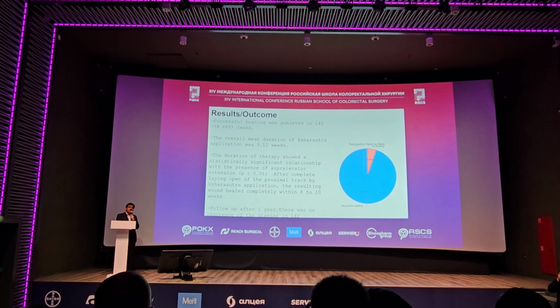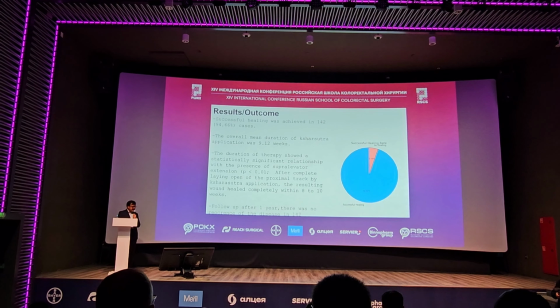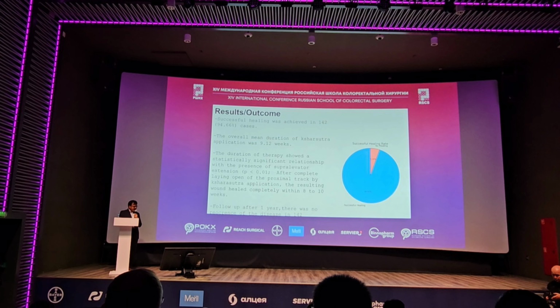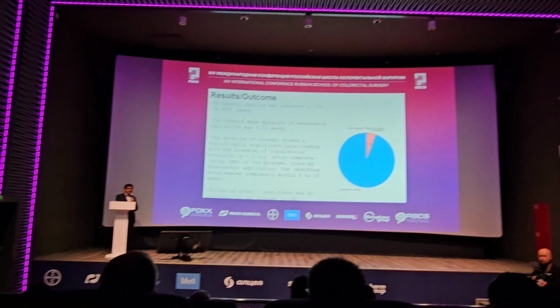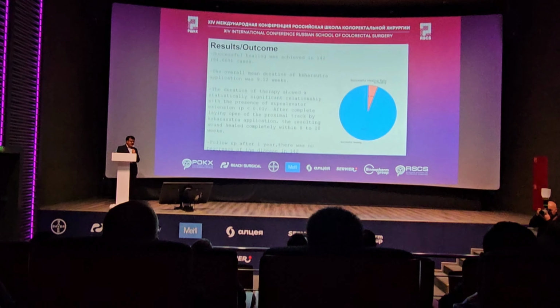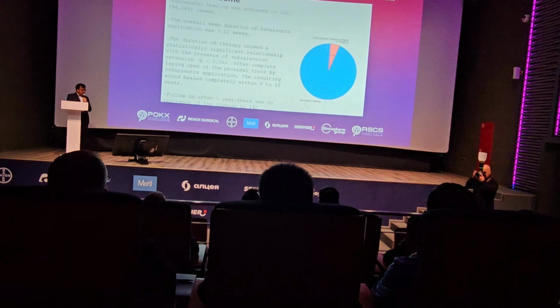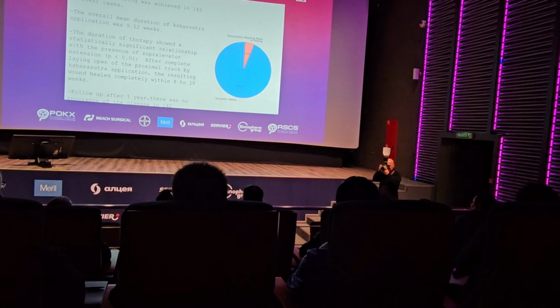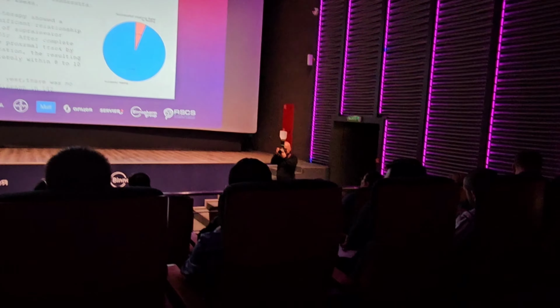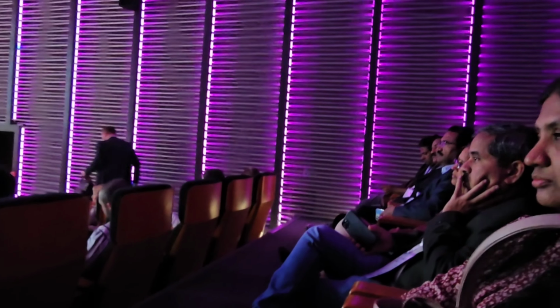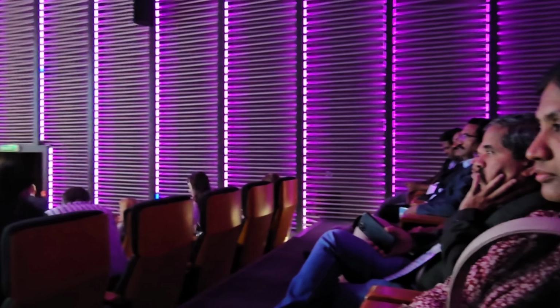Those fistulas having supralevator extensions or high intersphincteric extensions are a little reluctant to get drained properly. After complete laying open of the proximal tract by Ksharasutra application, the resulting wound healed completely within 8 to 10 weeks. We did the follow-up after 1 year.